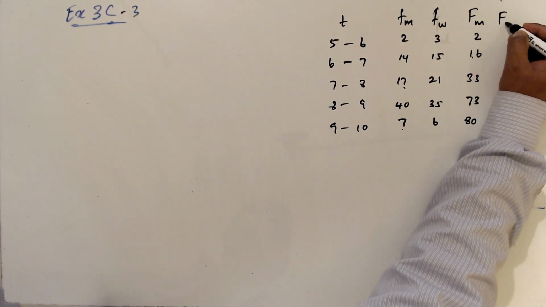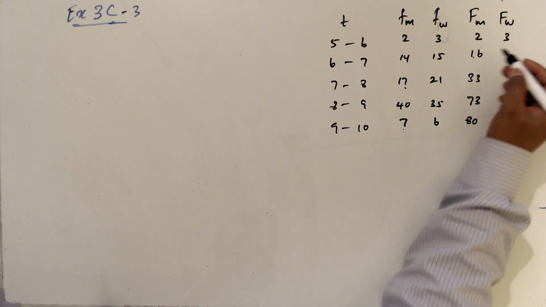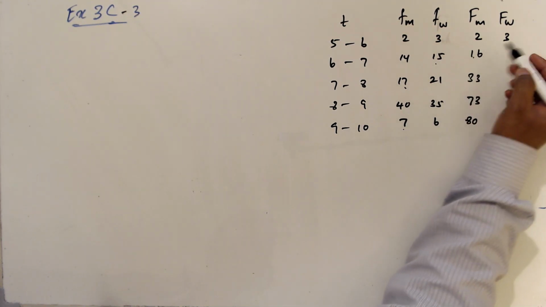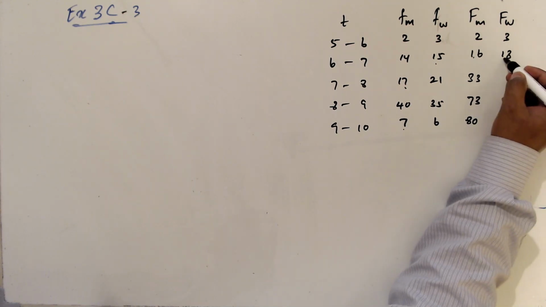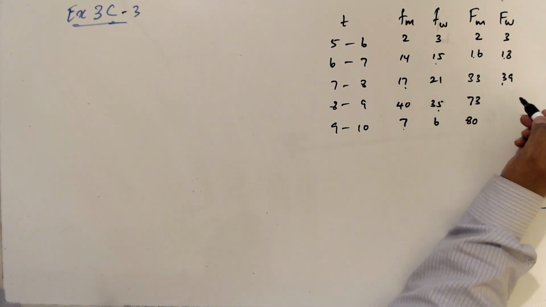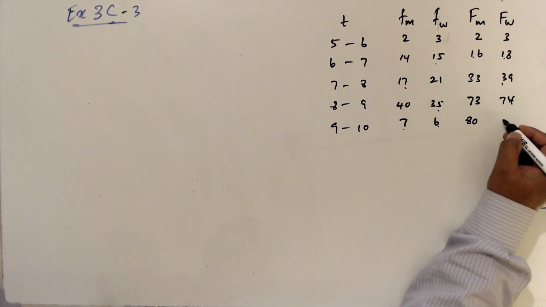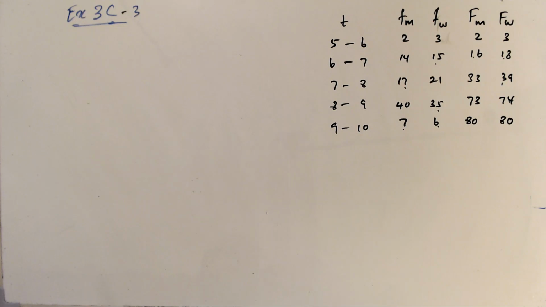And frequency for women, so it's going to be 3, 3 plus 15, 18, 18 plus 21, 39, 39 plus 35, 74, and 74 plus 6, 80.